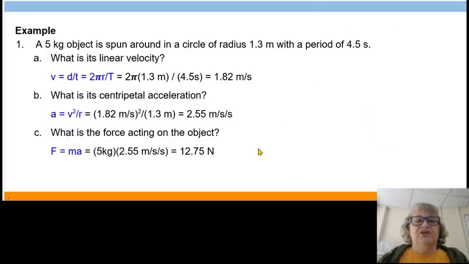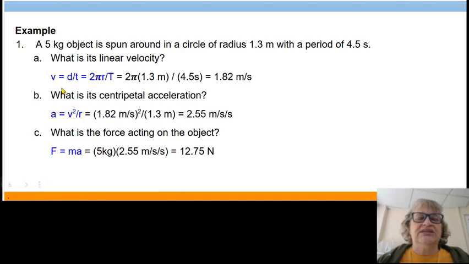Here's an example. I have a 5 kilogram object, and it's spun around in a circle of radius 1.3 meters with a period of 4.5 seconds. Remember, period is the amount of time it takes for it to go around a circle once. What is its linear velocity?